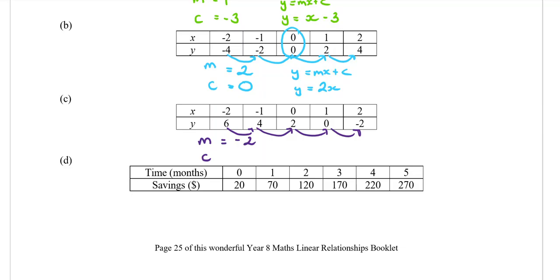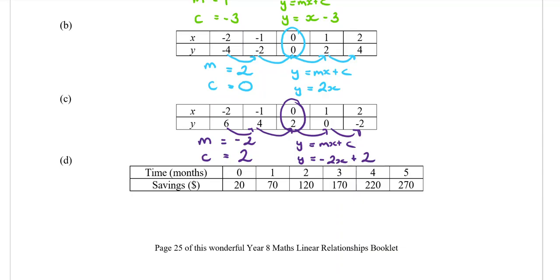Then I need to find the c, so underneath the 0 we have a 2, so that is equal to a y-intercept of 2. Okay, then putting it in our formula, y equals mx plus c, we're going to have y equals -2x plus 2.